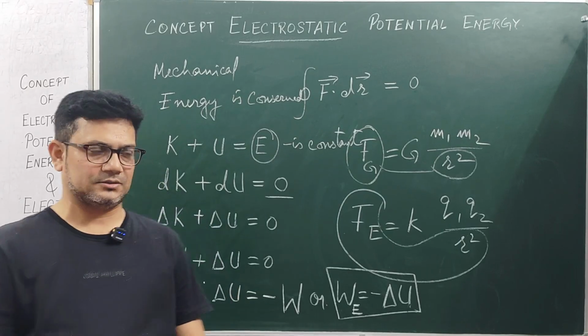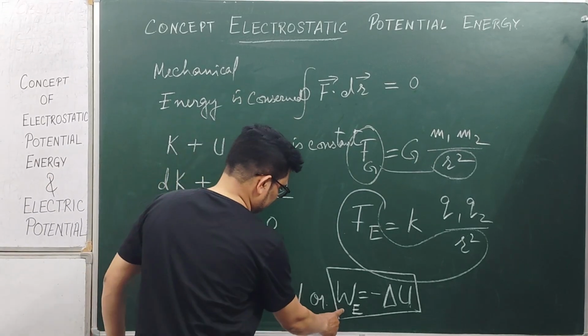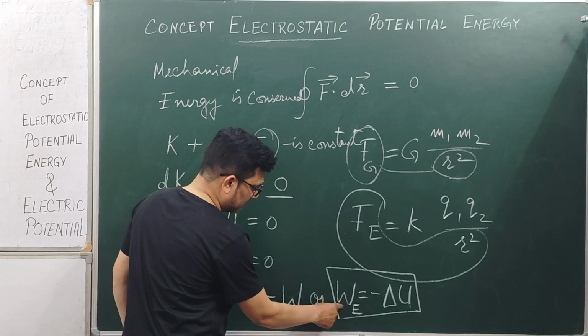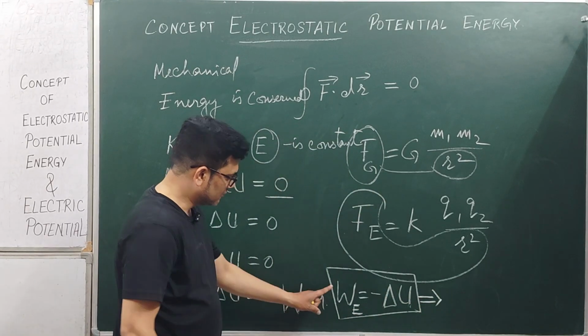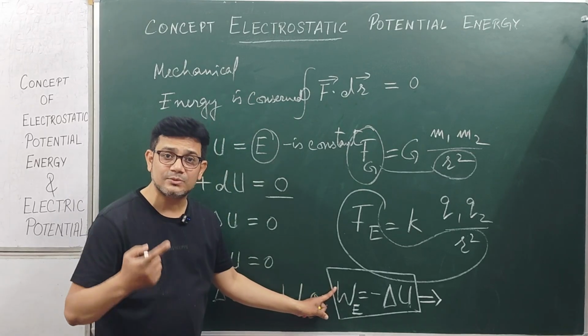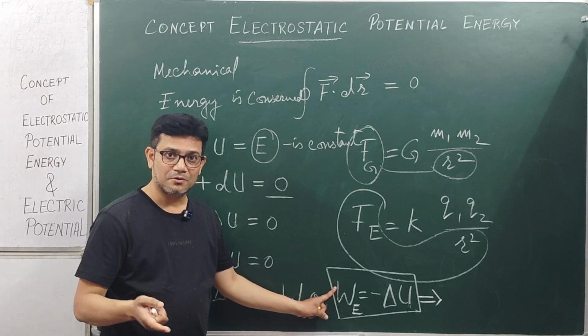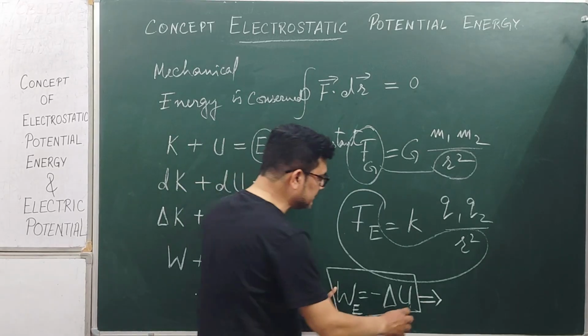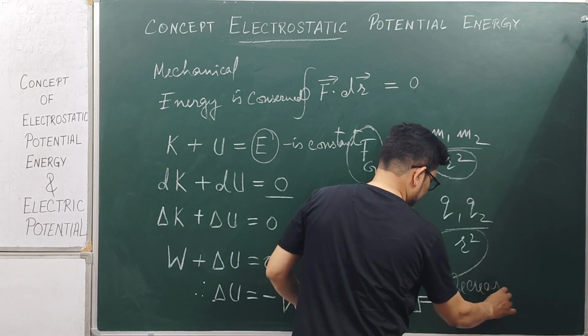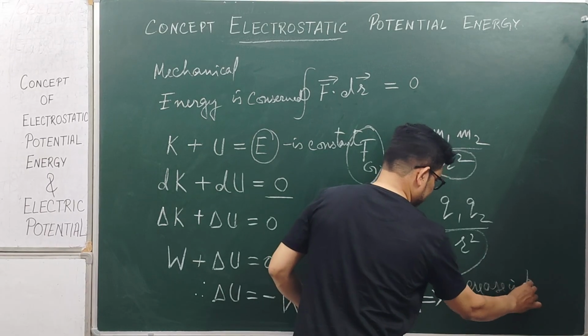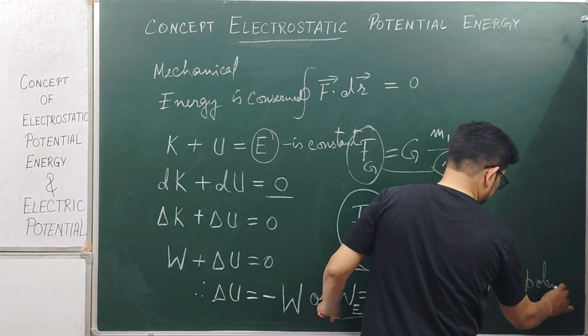It means that this work done results in the decrease of potential energy. So the work done by the conservative force results in the decrease in potential energy. This is what it means.